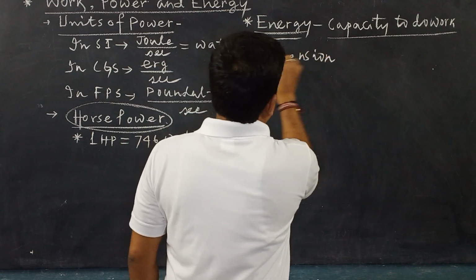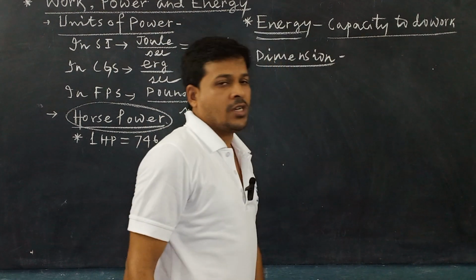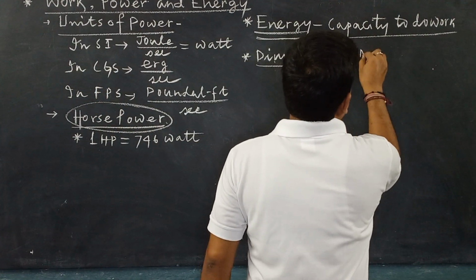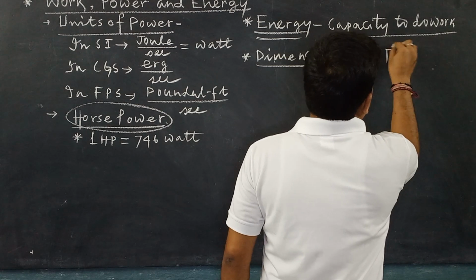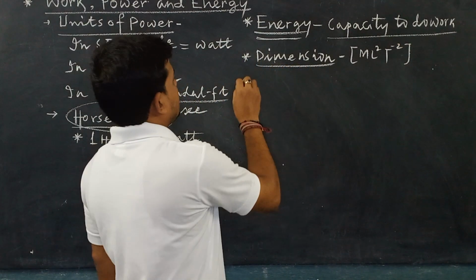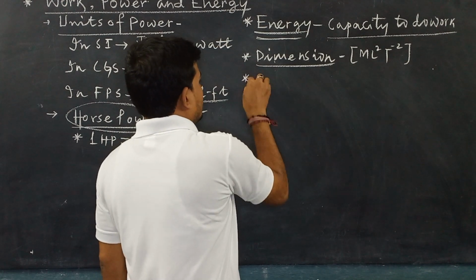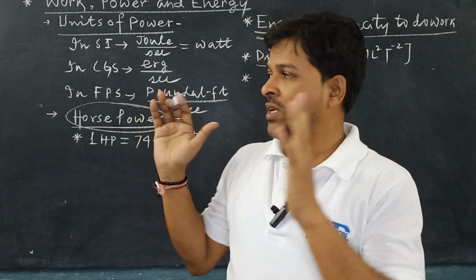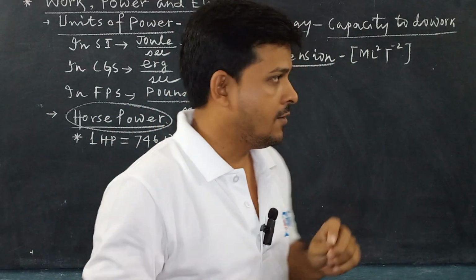The dimension of energy is the dimension of work done, that is ML²T⁻². This is the dimension of energy, and the SI unit of energy is the joule, similar to the unit of work done.